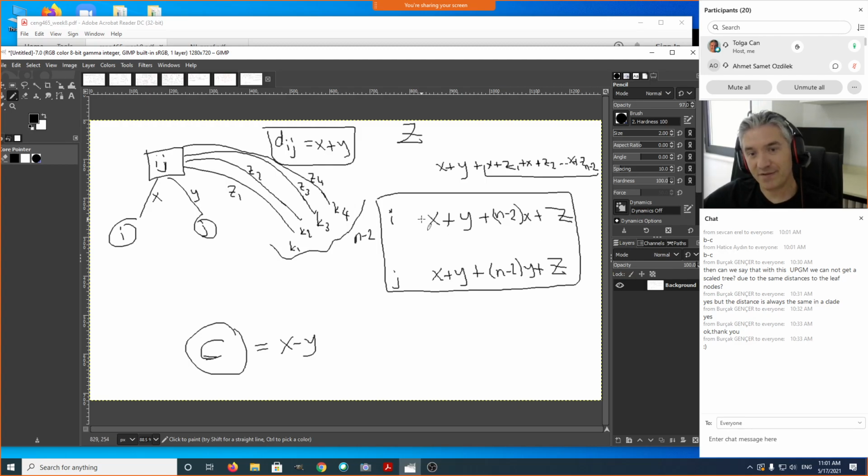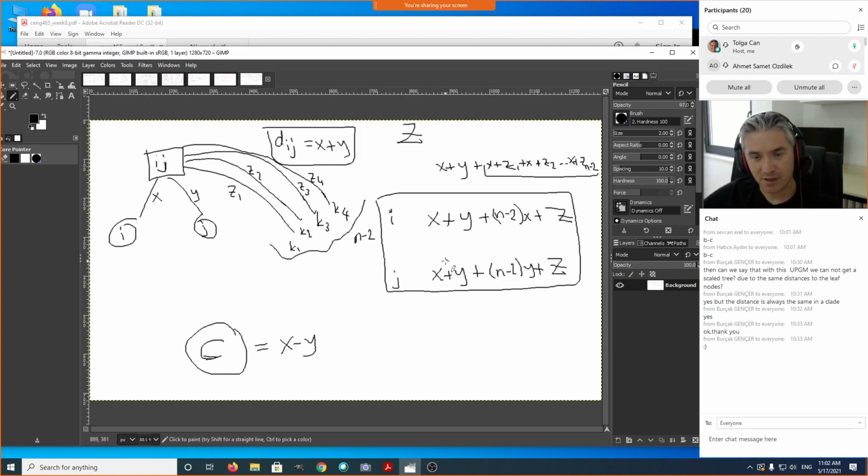just look at these two things. I have named them. I didn't give a name to these summations yet, but I will give them a name in such a way that the difference of these two things is going to give me x minus y.